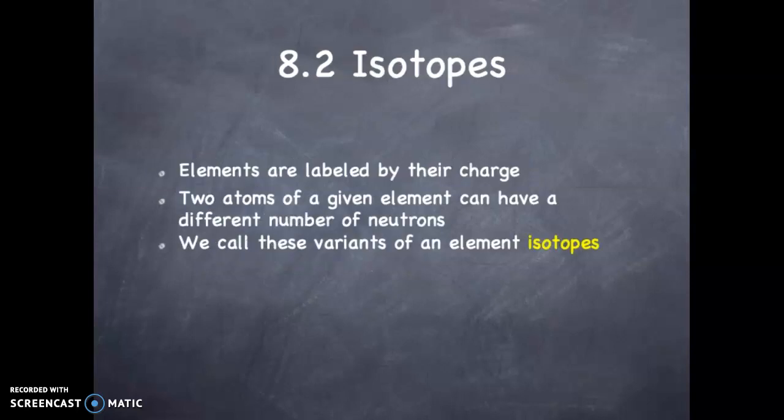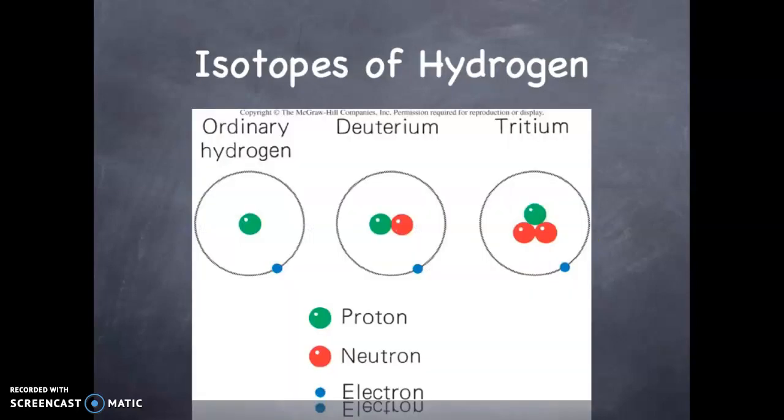Isotopes. Elements are labeled by their charge. 2 atoms of a given element can have a different number of neutrons, and therefore they will have a different mass number, and we call these isotopes. An example: ordinary hydrogen has only a proton and 1 electron, no neutron.